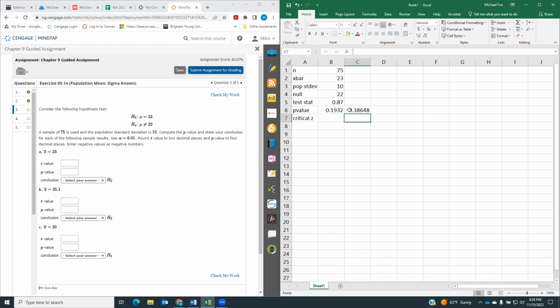So there's the probability of finding this. So I think for our z-value, it wants us to put 0.87, although really in theory, it should be plus or minus that. But we're going to use this. And then our p-value, it wants to 4 decimals. So 0.3865.